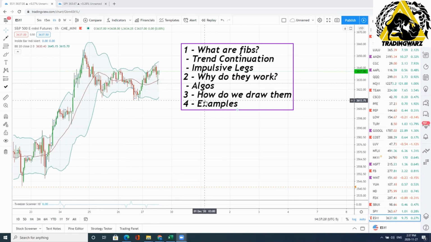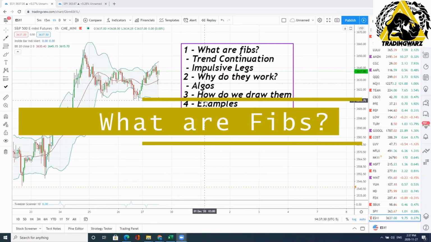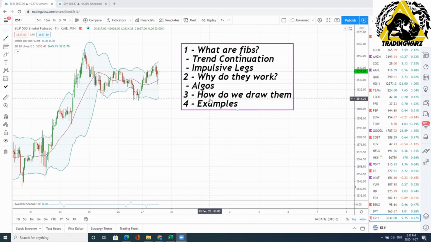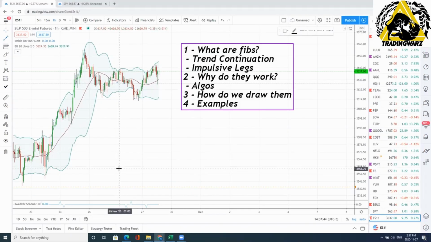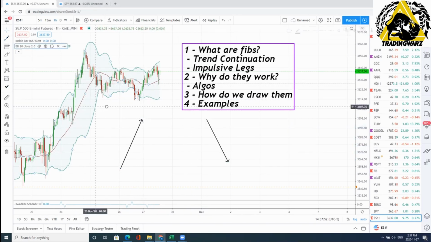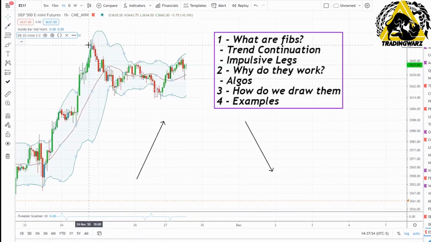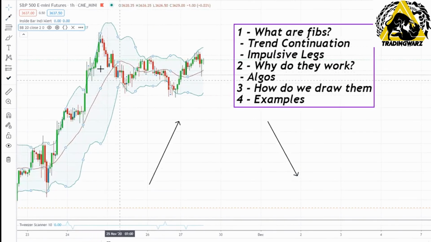All right, so we're going to start off first of all with what are fibs. Fibonacci is retracements of a trend. Every trend must have an impulsive leg. An impulsive leg means a push either up or down. Look at this chart that I have right here, and we can say this is an impulsive leg down, and this is an impulsive leg up.